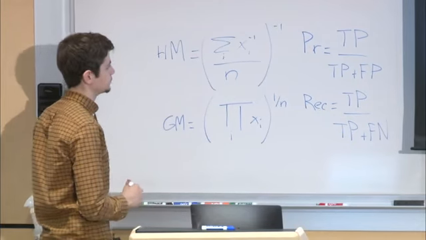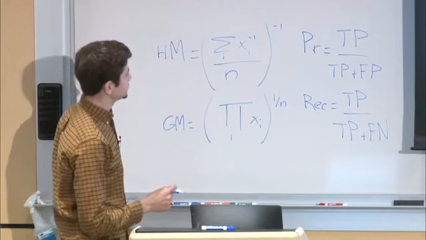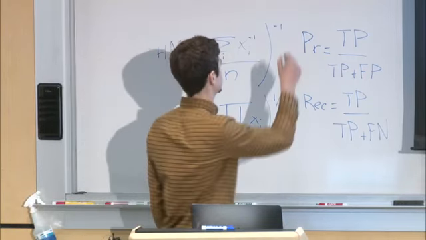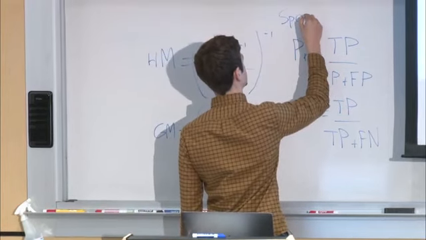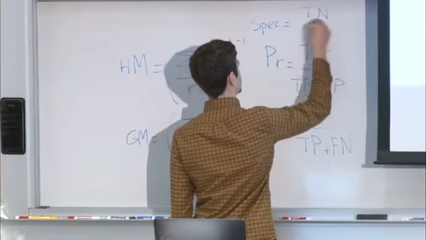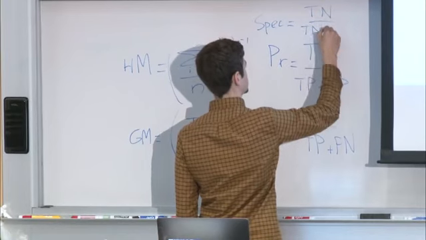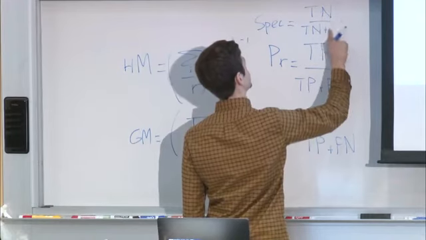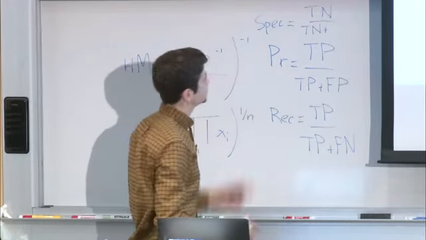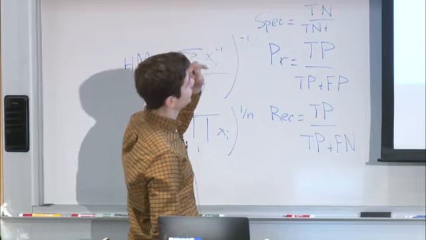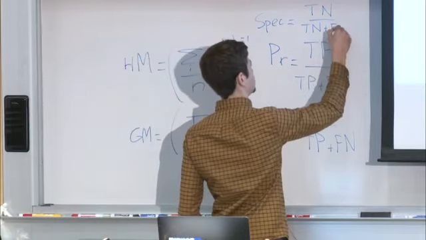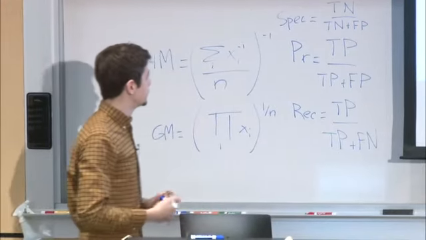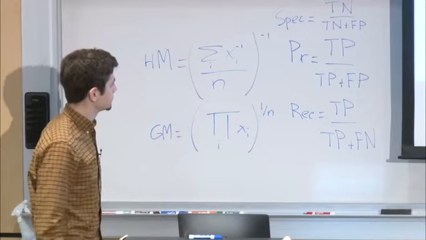And then specificity. Specificity is just your true negatives divided by your true negatives plus, let's see, which one is this? Of course, I'm blanking now. Okay, true negatives divided by true negatives plus false positives, since it's all the things that are actually labeled negative, and how many of those you got correct.